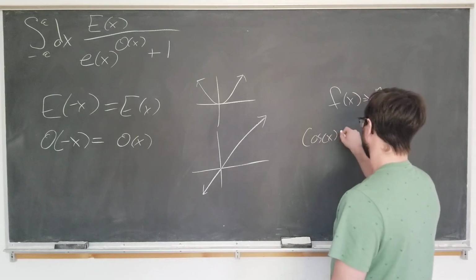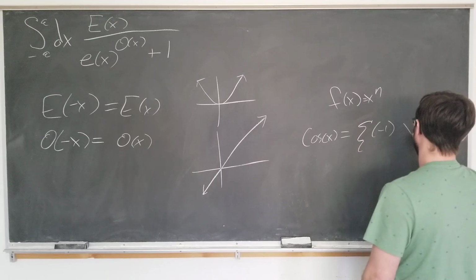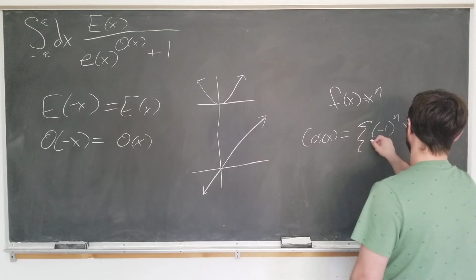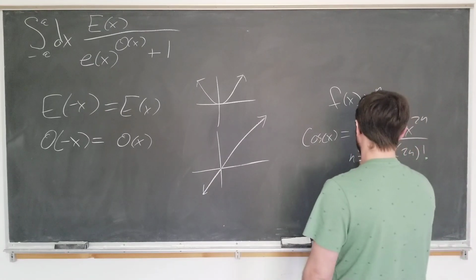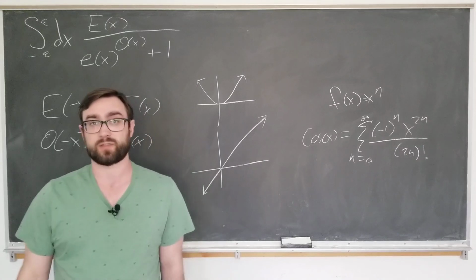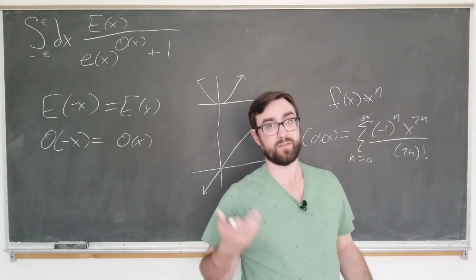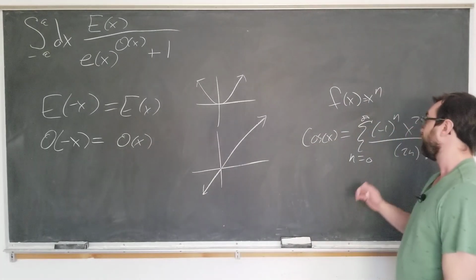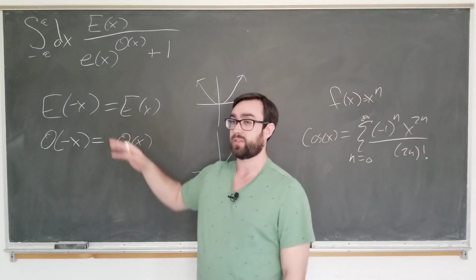For example, cosine of x is the sum of minus 1 to the n, x to the 2n over 2n factorial. It's not unique to the cosine function. You can show pretty easily that any even function is going to have a Taylor series with only even coefficients. So this further solidifies why you would call these kinds of functions even and odd.